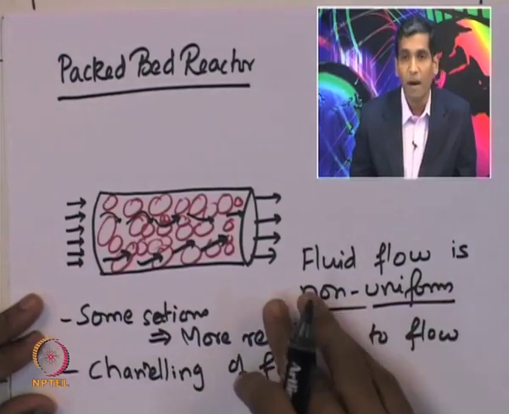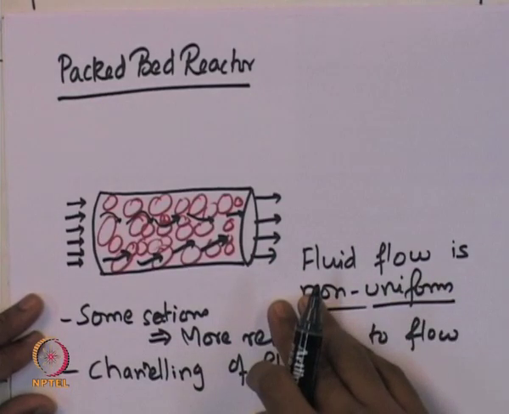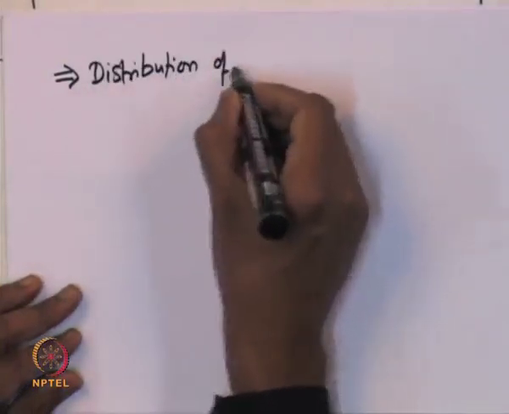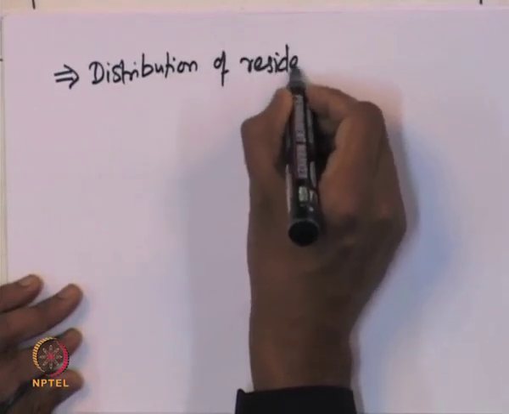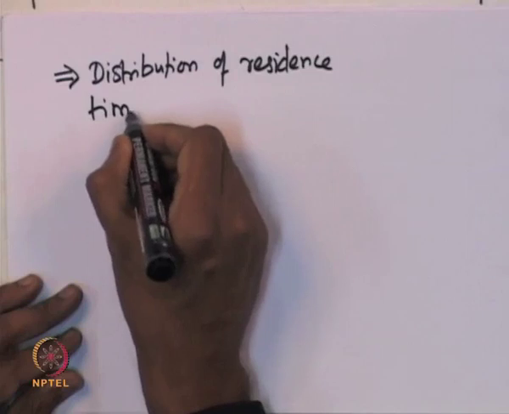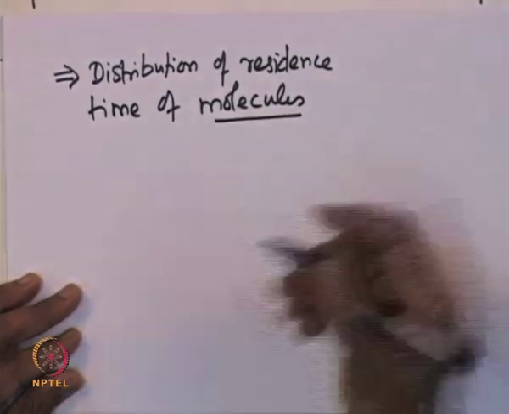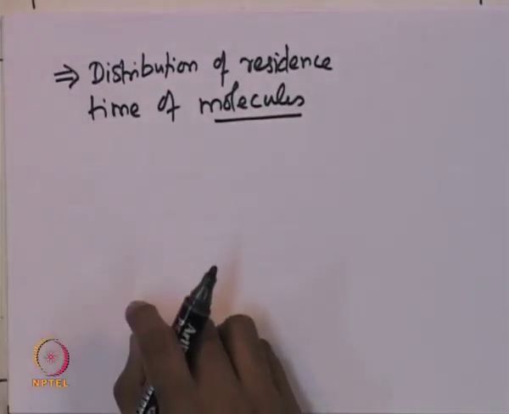So, clearly the amount of time that is spent by different molecules of the species entering the reactor is going to be different, which means that there is going to be a distribution of residence time of the molecules which are entering the reactor and participating in the reaction.